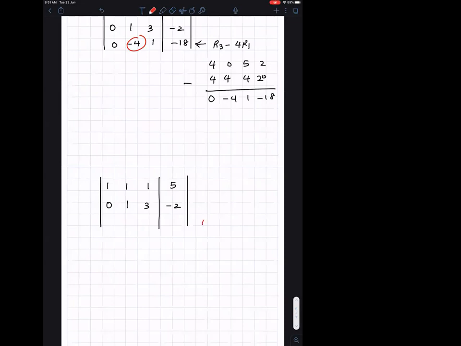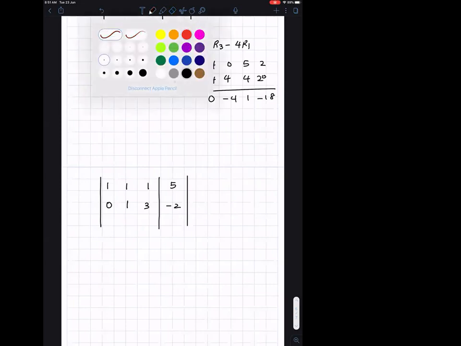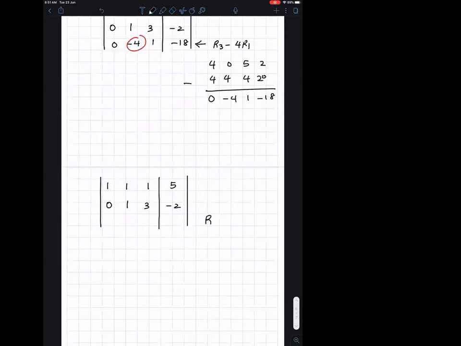So to row 3 you add row 2 multiplied by 4.